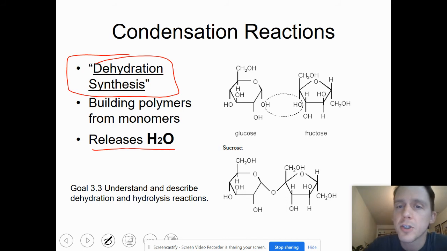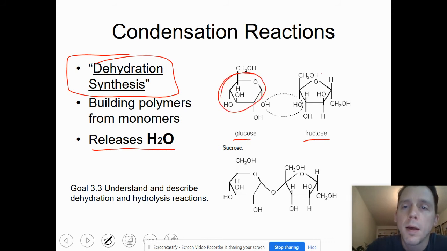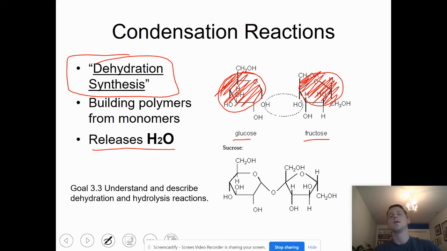So here in this picture, we've got two monomers. The two monomers are called glucose and fructose. I don't really care right now if you know what these look like, but this is basically one monomer, and this is another monomer. So we have two monomers. Now notice that dangling off the end of each monomer is an OH.